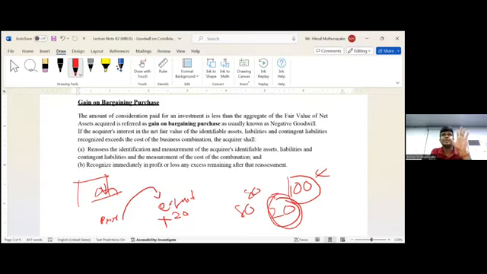Goodwill, you need to recognize under assets. Gain on bargain purchase, you need to recognize under other income in the P&L and add it to the equity. If you are not preparing the P&L, you need to add it to the equity value in the financial position. Is it clear?